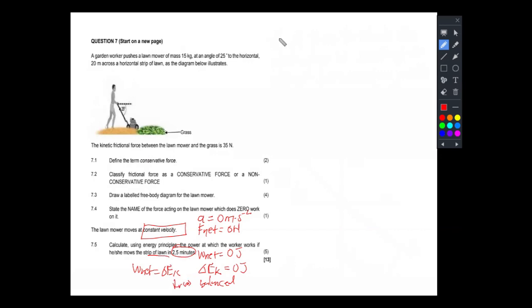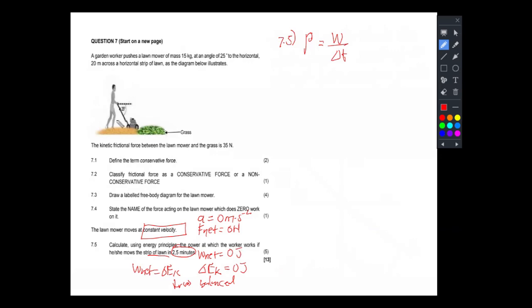Okay, so let's now consider this, right? So we have our power formula, which is P is equal to W over delta T. But then remember that here we are being asked about the force applied. If you can read this carefully, calculate using energy principles the power at which the worker works, right?